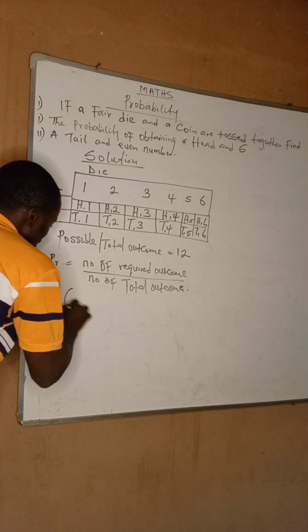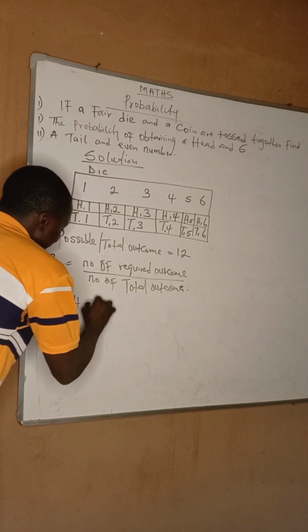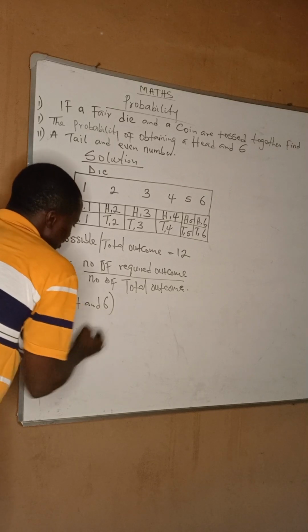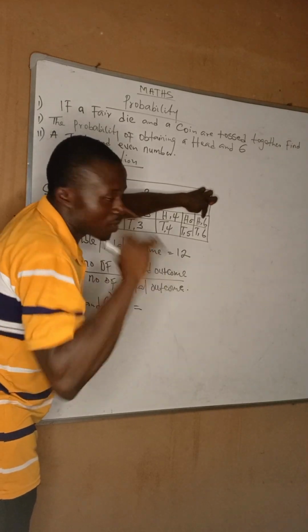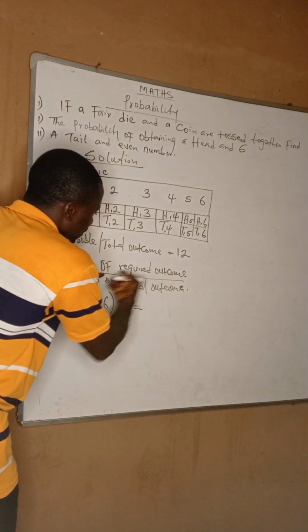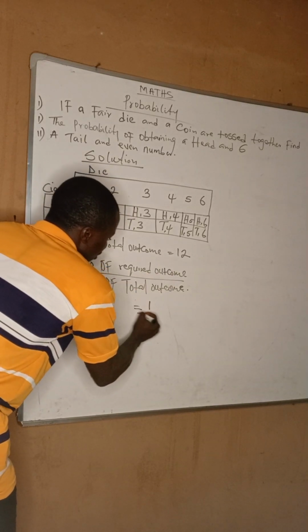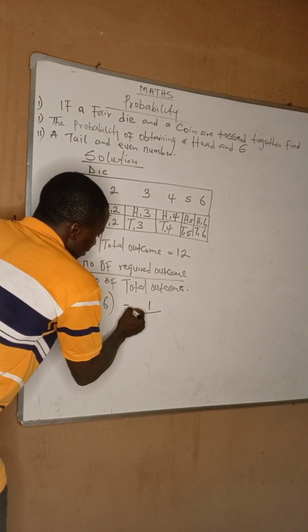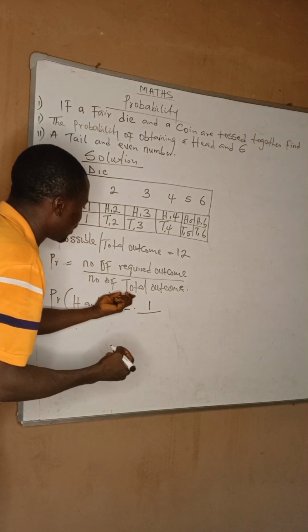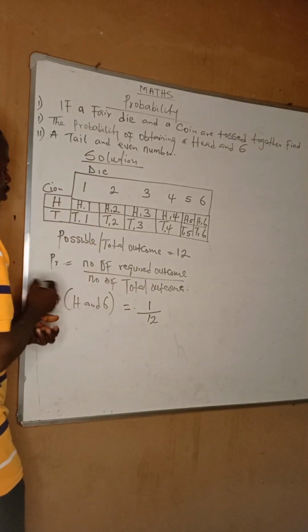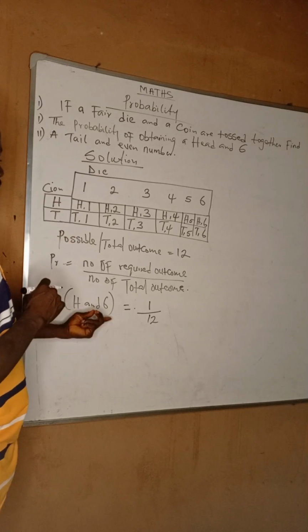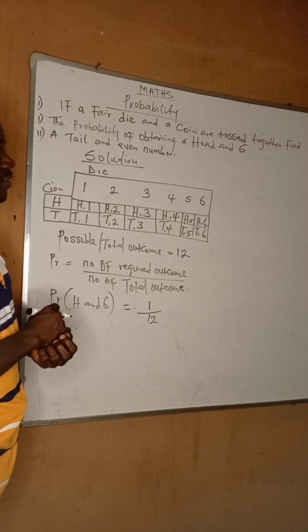I will write Pr(head and 6). Because the outcome existed in just one place, the number of required outcomes will be 1 over, what is our total outcome? 12. This is the answer to the first question: 1 over 12.